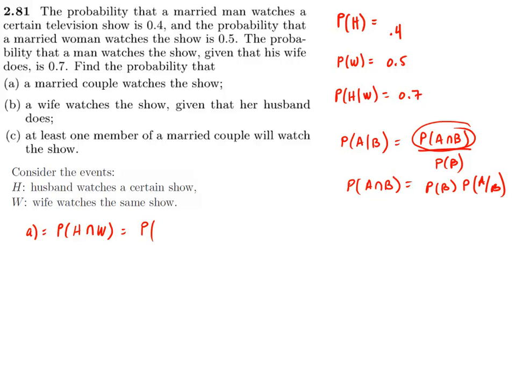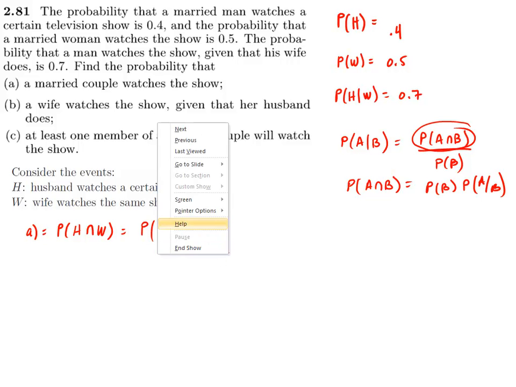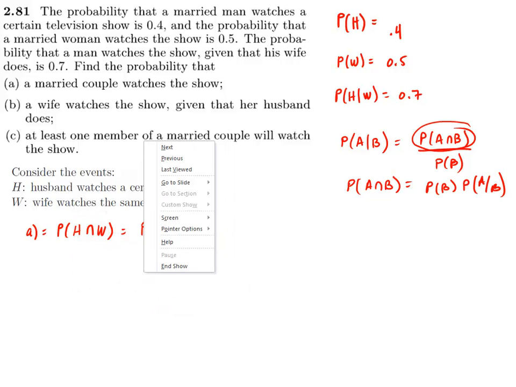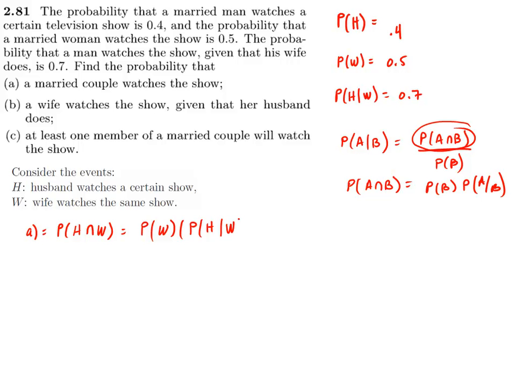P of W times P of H given W. And this is a multiplication.